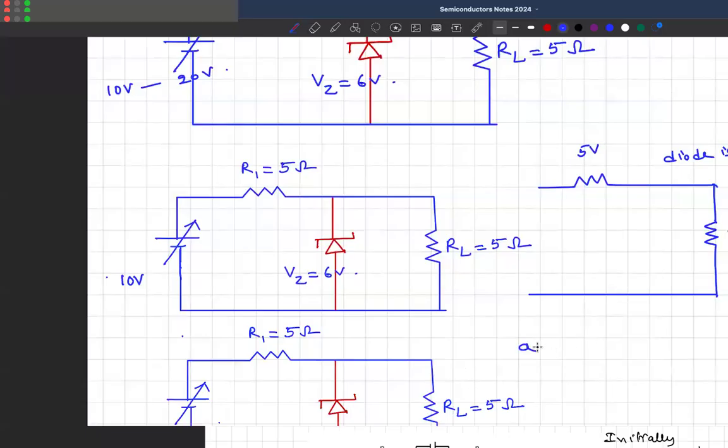Definitely across the load it will be more than 6 volts, but across the load the voltage drop is, tell me, 6 volts only, because now the diode is on.